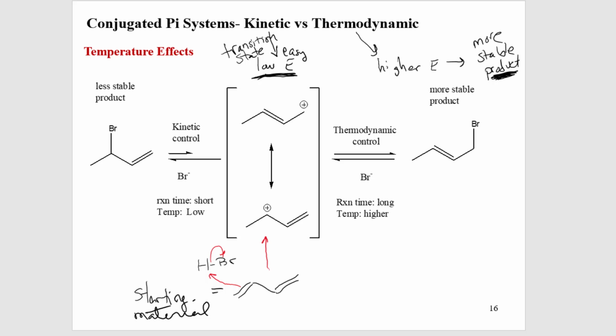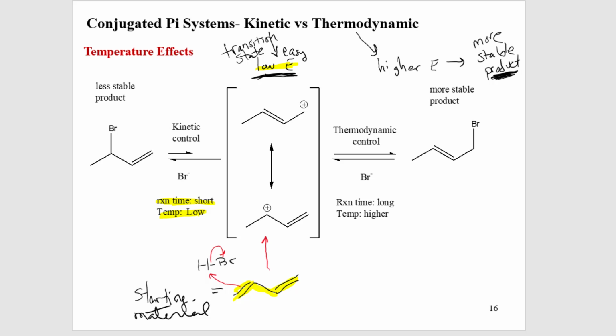Okay? So if I started with this material here, and I was operating under kinetic conditions, meaning low energy, low temperature, so we can show this low energy by using low temperatures. And I'm going to do it in the shortest amount of time. It's very quick, right? Very, very snappy.